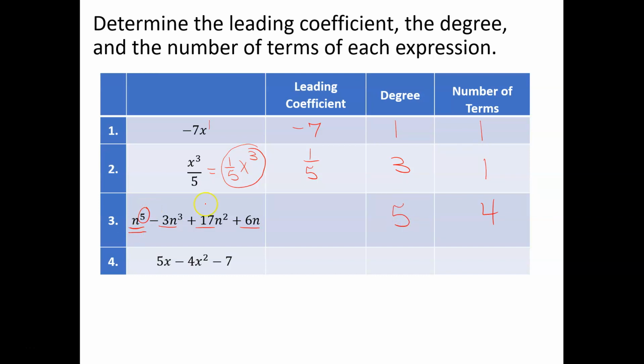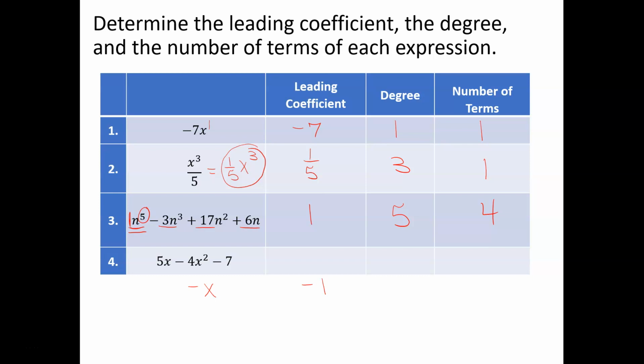We do not add up the degree of each term. We just take the highest of those 4 terms. And if we want our leading coefficient, we're still looking at this n to the 5th term. In front of n, we don't see a number, then it is a 1. So 1 is our leading coefficient. If you had a negative x, by the way, which I didn't put an example of, the leading coefficient of that would be considered negative 1.